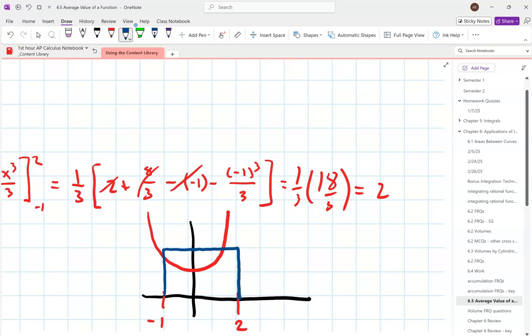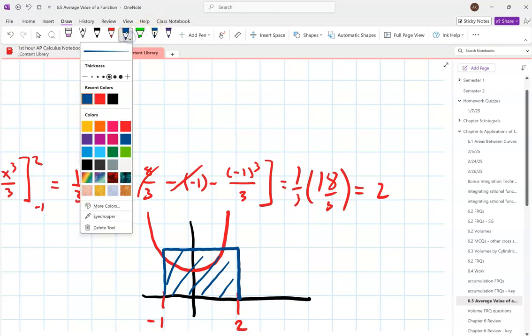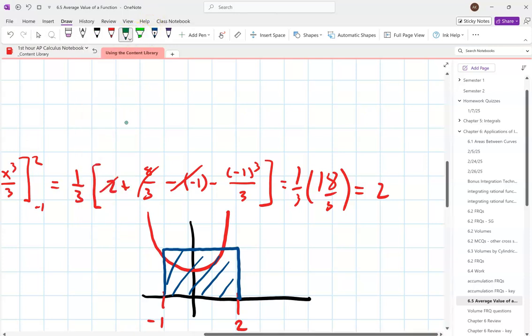What it means is that this rectangle is going to have the same area as the area under the curve for that function. If I take the average value of the function times the length of the interval, that area will be the same as the integral, right?